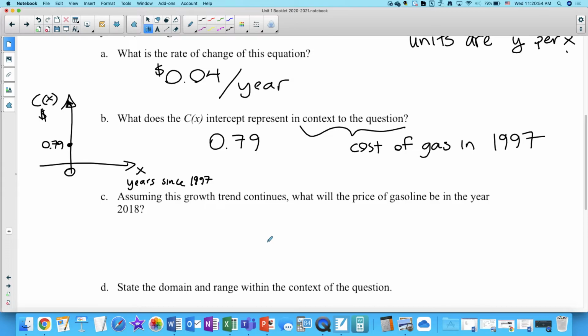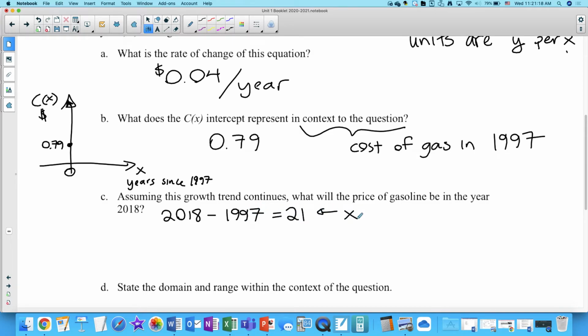In this case, we're given an x value. But not exactly, because 2018 is not going to be the x value. What is the x value? 21, right? So 2018 minus 1997 is 21. So this is x.